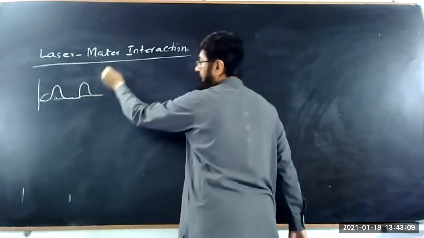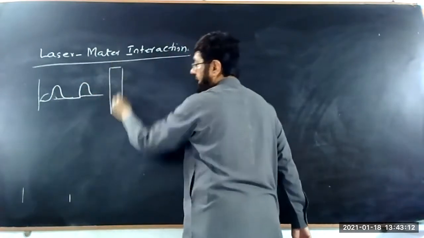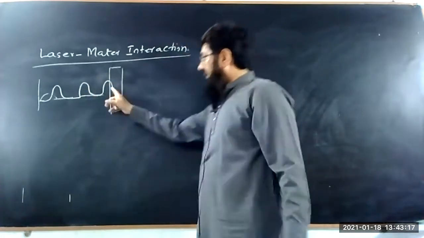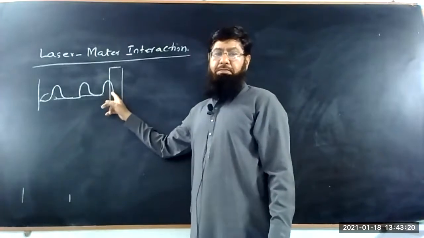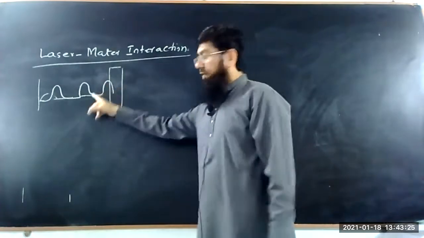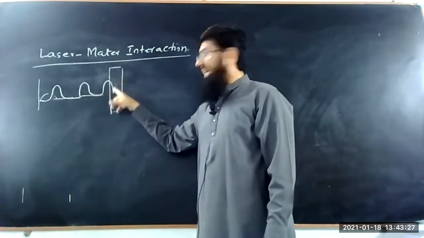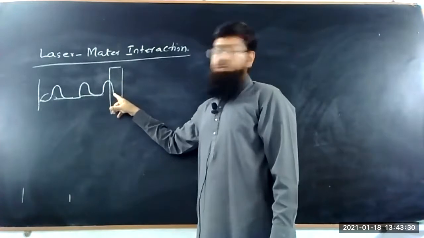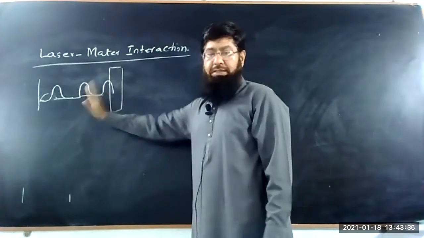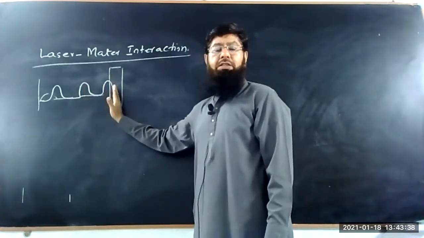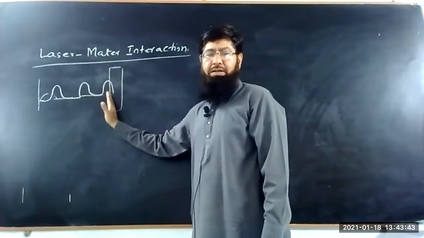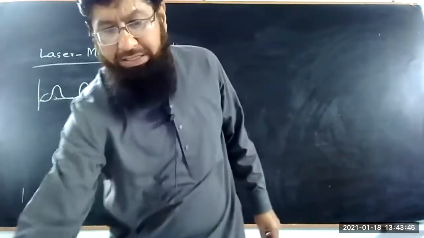When this pulse strikes the material, it evaporates the material. The material will be evaporated if the energy of the pulse is greater than the threshold value of vaporization of the material. If the energy is less than the threshold, meaning the minimum energy needed to vaporize the material, then this pulse will never vaporize the material.